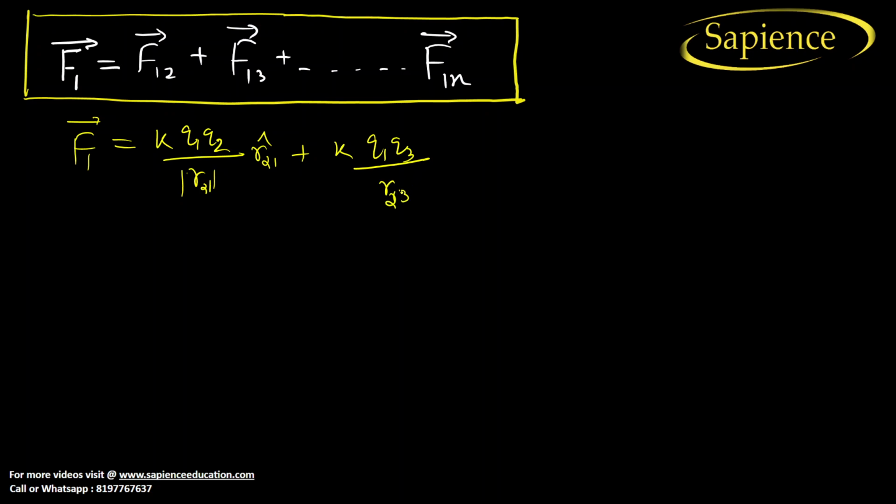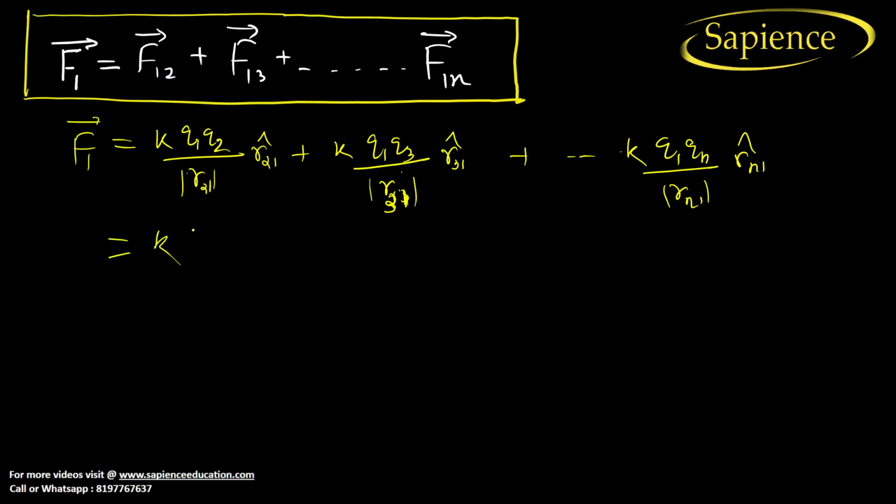It is not r23, it is r31. Plus k into q1 into qn by magnitude of rn1 into rn1 cap.